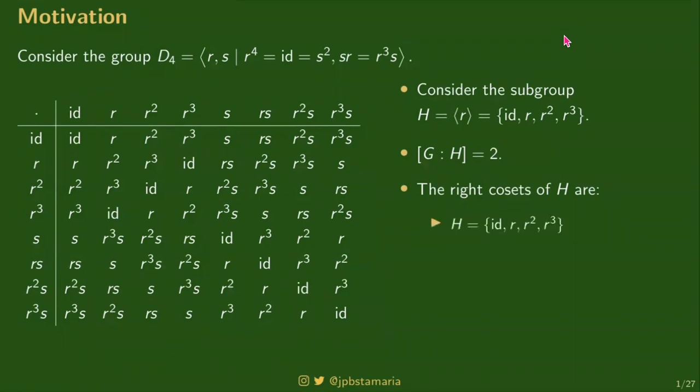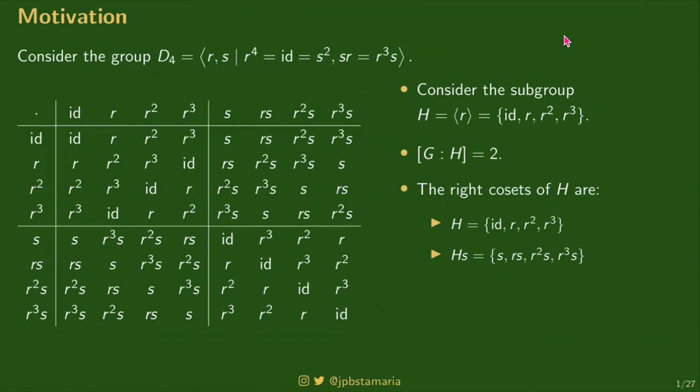One of the right cosets is H itself, which is the identity coset. And the other coset is HS, the one not yet mentioned. So which are the other reflections? All the rotations are in one coset, and all the mirror reflections are in the other coset. So as you can tell, this is what happened.